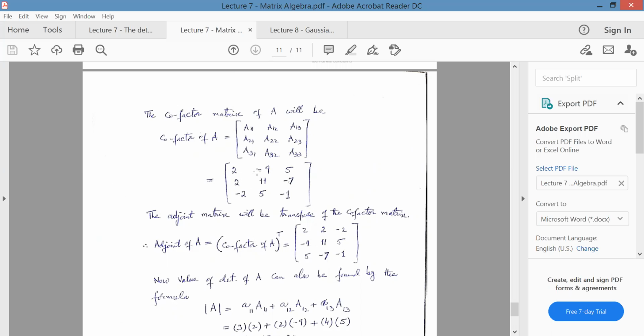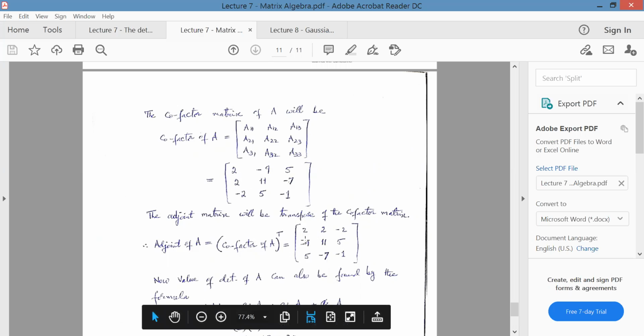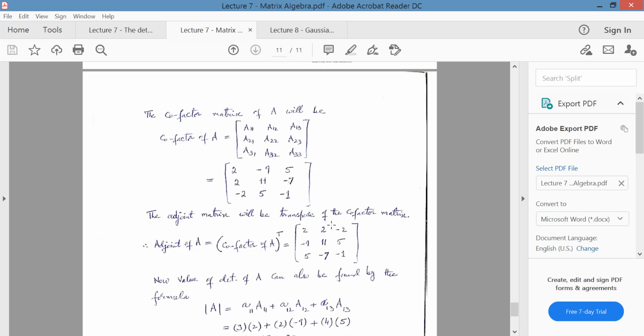The first row is 2, minus 9, 5. I am writing it as the first column, 2, minus 9 and 5. My second row is 2, 11, minus 7. Make it the second column, 2, 11, minus 7. My third row is minus 2, 5, minus 1. Make it the third column, minus 2, 5, minus 1.